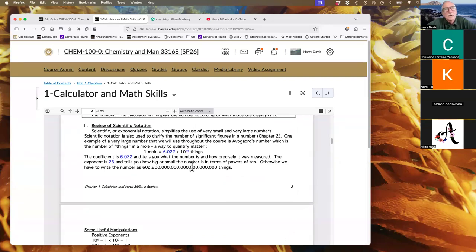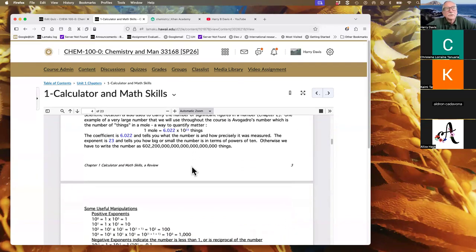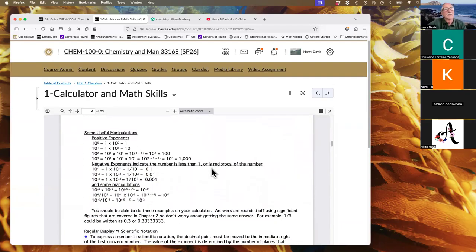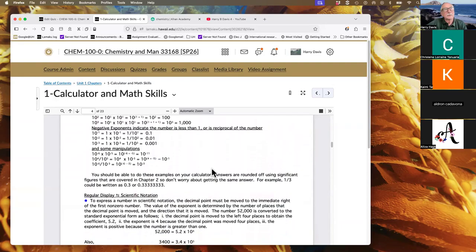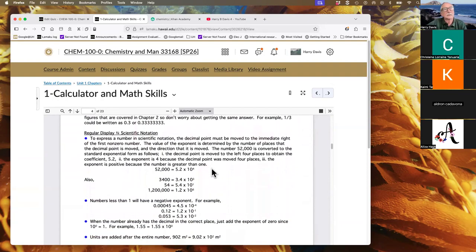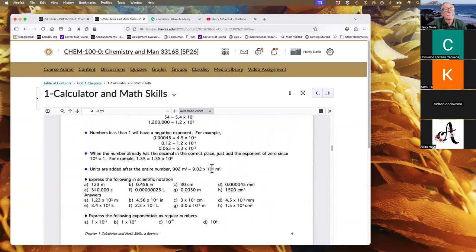So here's a review of scientific notation. You can see the basic unit of chemistry is a mole. Look at that number over there. That thing is just huge. So here's some manipulations with exponents, which you should do on your calculator, right?